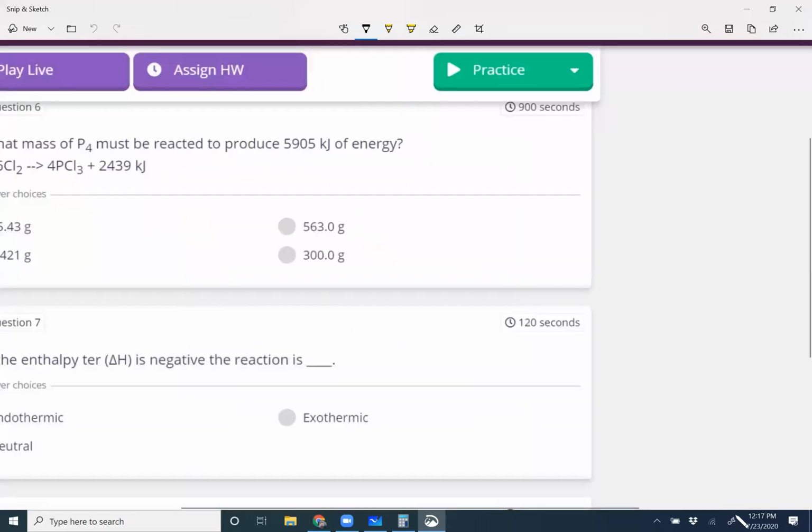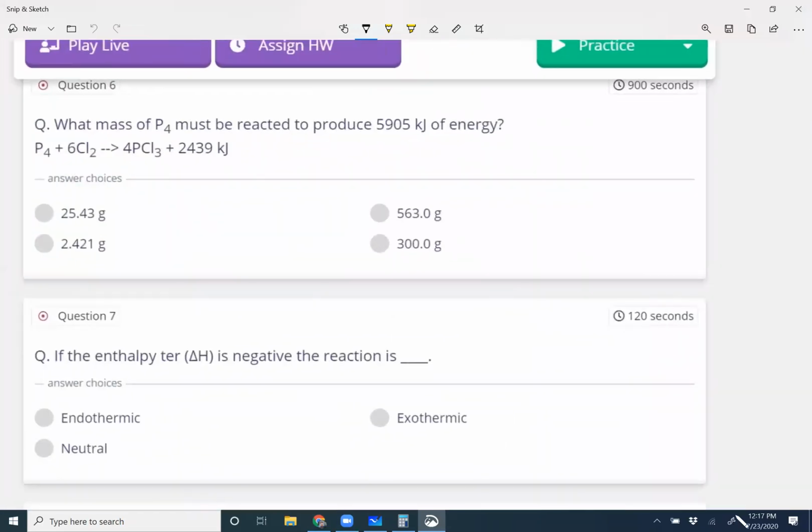This is kind of what they mean by enthalpy changes. So this is our chemical reaction, and it produces this much heat. For every 1 mole of P4, that's how much heat we make. So there's our conversion factor.